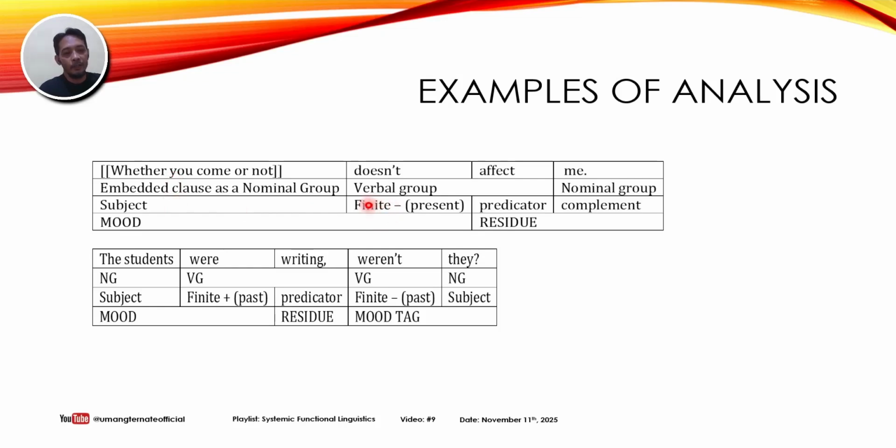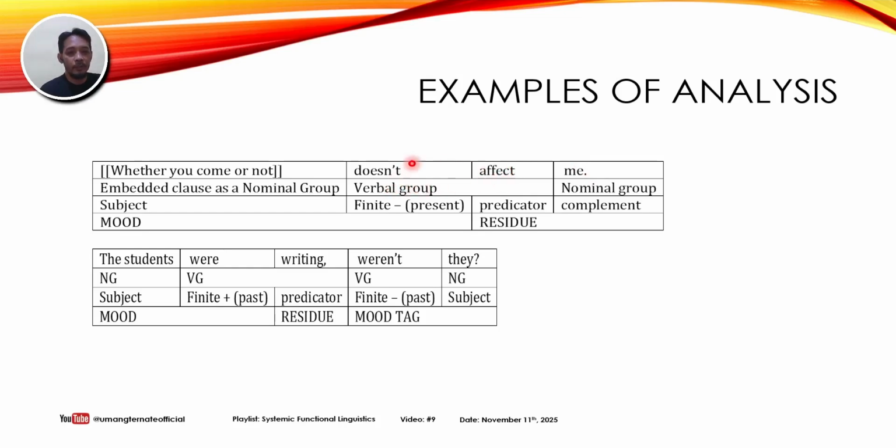And the finite here is appended with a negative sign because there is a negator, because does not is a negative form of the verbal group. Okay, and the tense is present. Affect here is a verbal group.